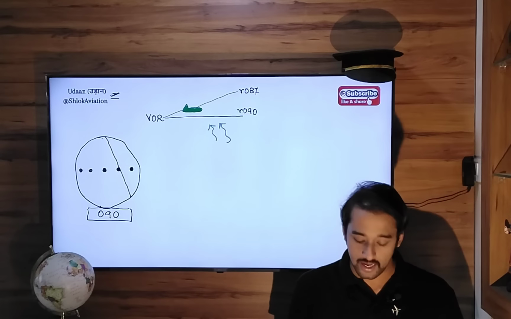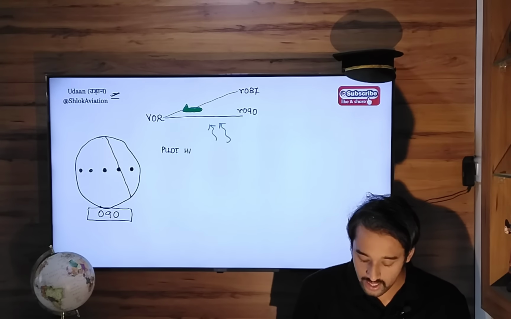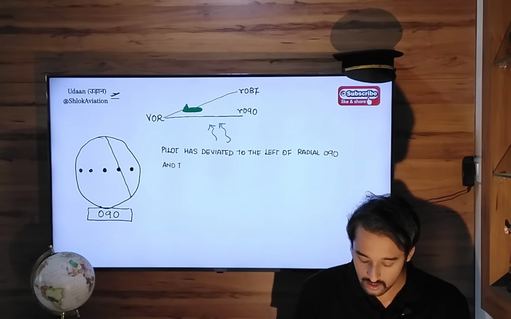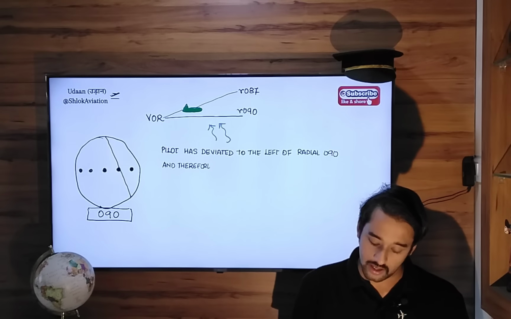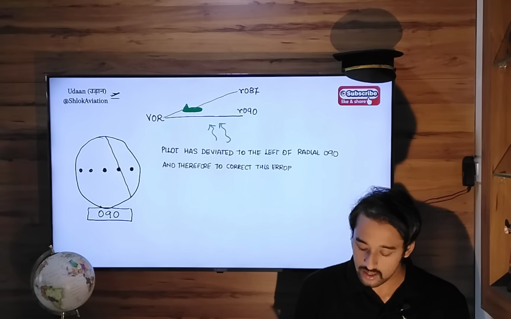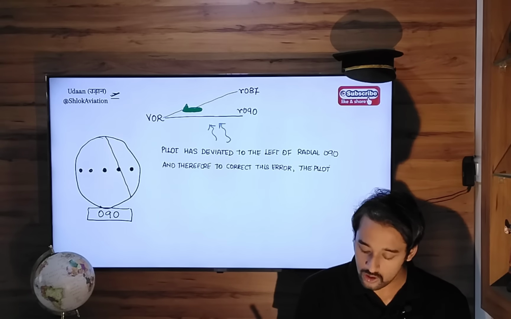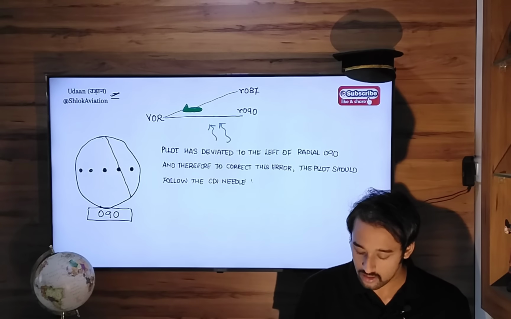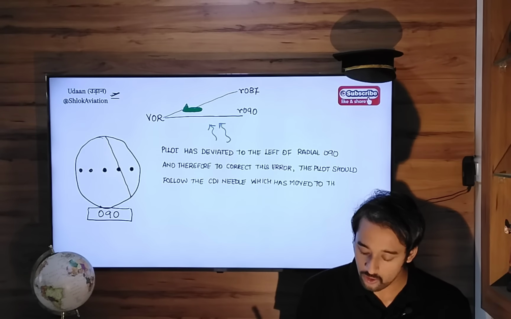telling you that the pilot has deviated to the left of radial 090, and therefore, to correct this error, the pilot should follow the CDI needle, which has moved to the right.